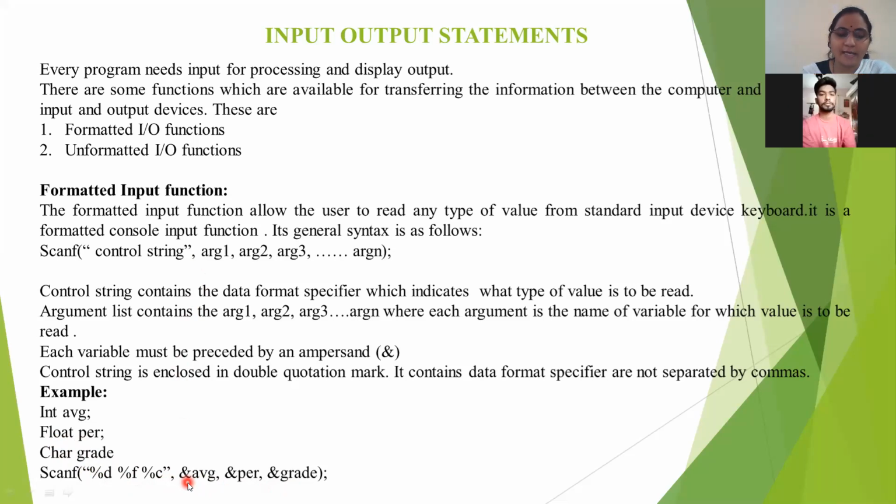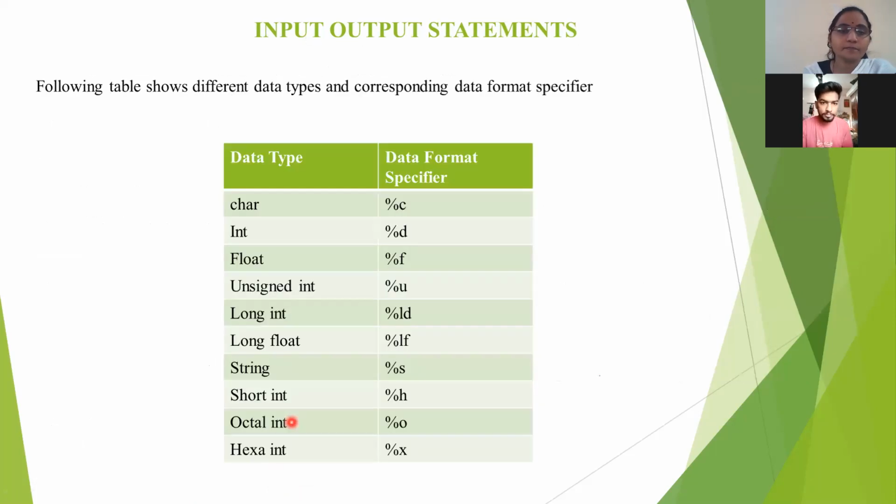Address operator means that at a particular address the value given by the user will be stored in memory, and the name is AVG. Then the second variable is ampersand PER and likewise ampersand grade. Okay, clear? This is about the input function scanf.